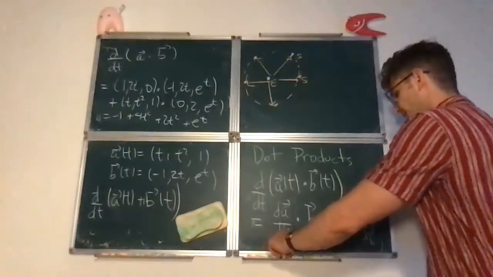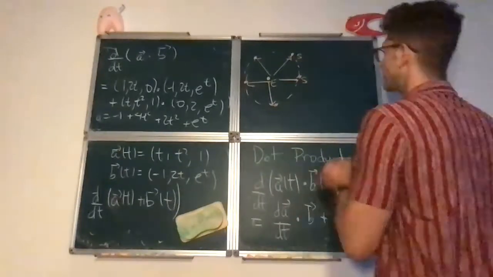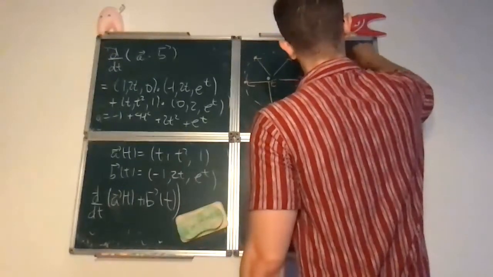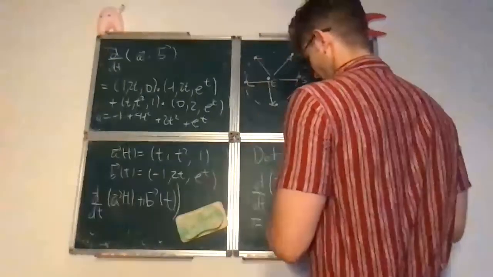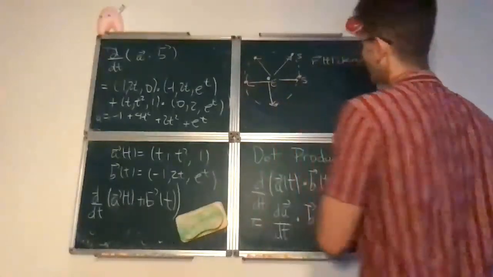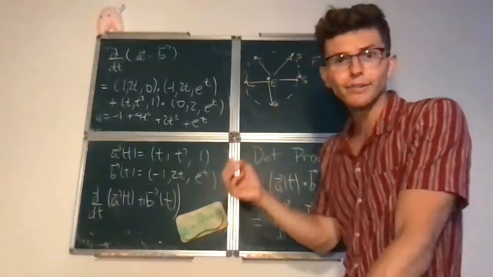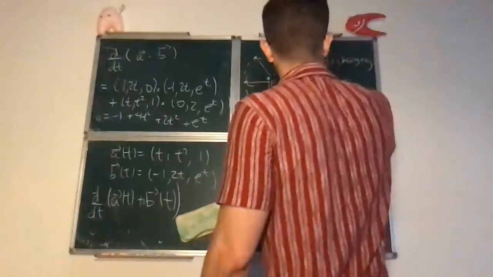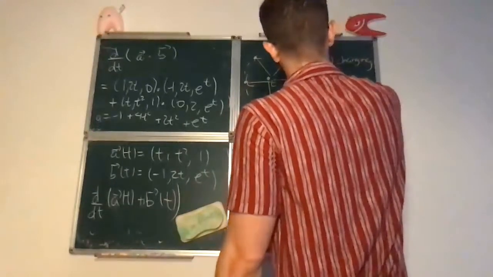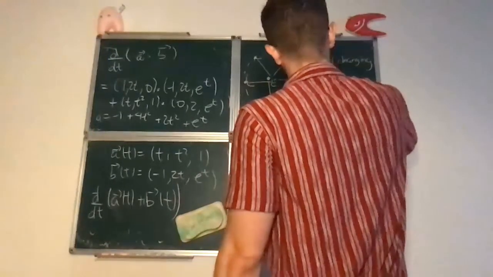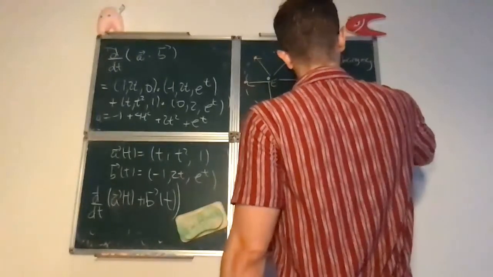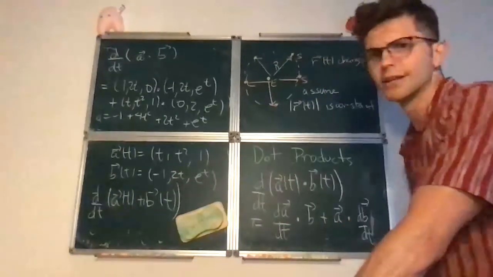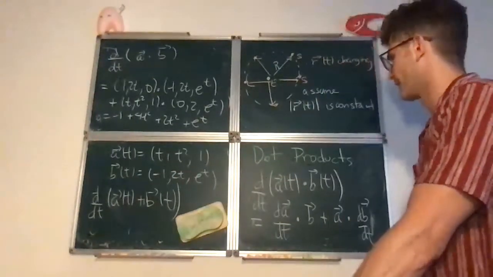So R of t is changing, but let's assume that the magnitude of R is not changing, so it has a fixed distance from the origin. Assume, meaning that it's moving in a circle about the planet Earth.